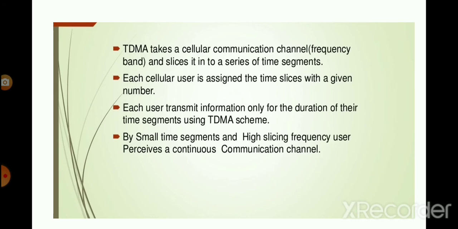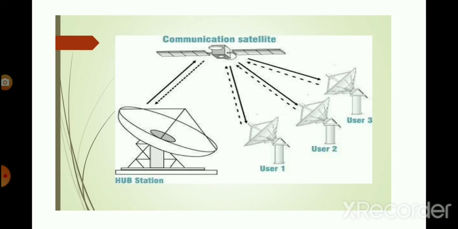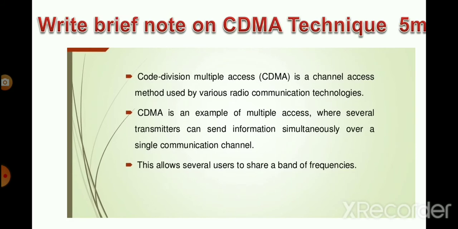With small time segments and high slicing frequency, the user perceives a continuous communication channel. Figure shows communication satellites, hub stations, user 1, user 2, user 3. These are the best examples.